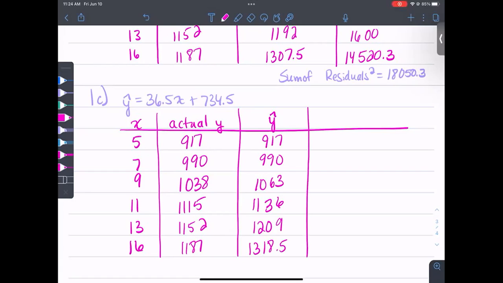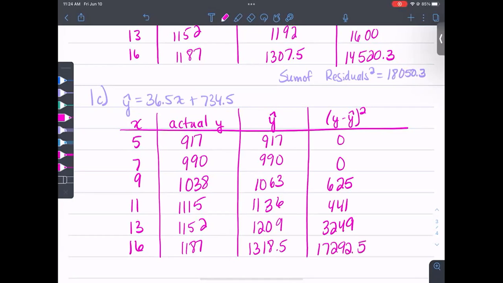And then go through each of those and find the difference between y and y hat and square it. So the first two are the 2 points we used to make this line, 5 and 7. So those have no residual. They're exactly on our line. And then you start to see the variance in the other points. So that's supposed to be a 25.